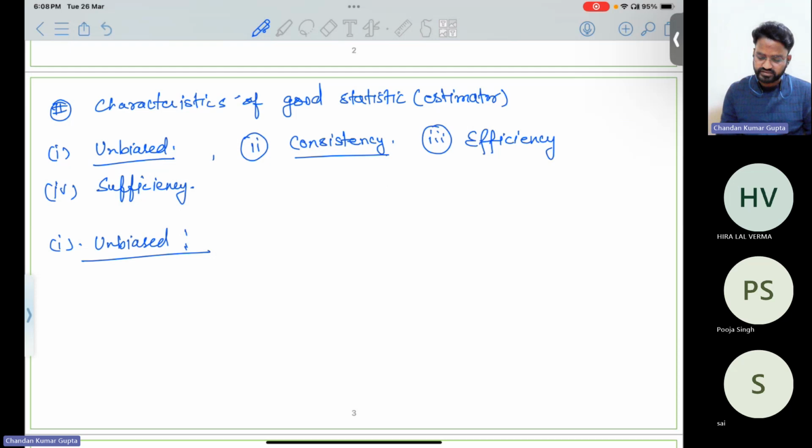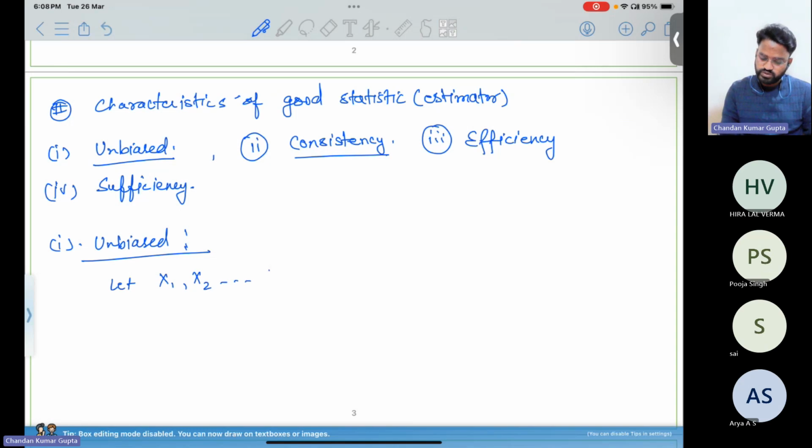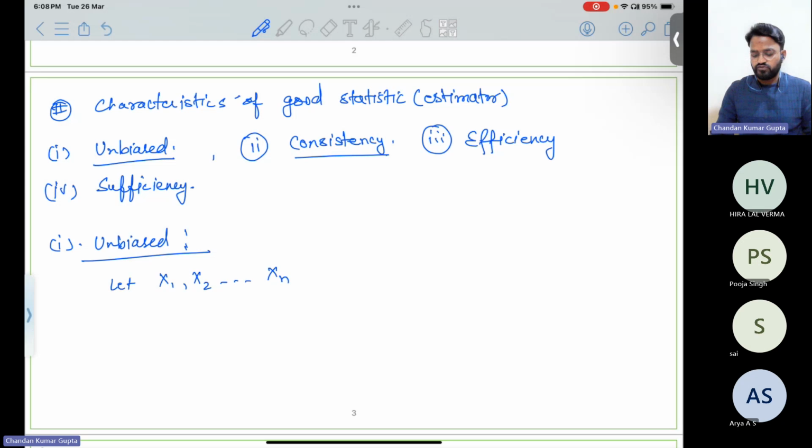In statistics, suppose we have considered x1, x2, up to xn, n samples taken from a probability density function f(x). It is a random sample.